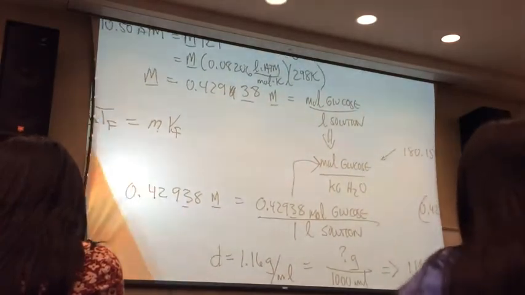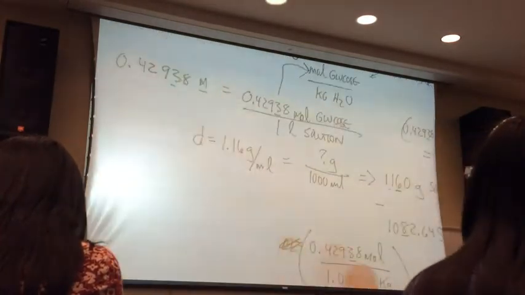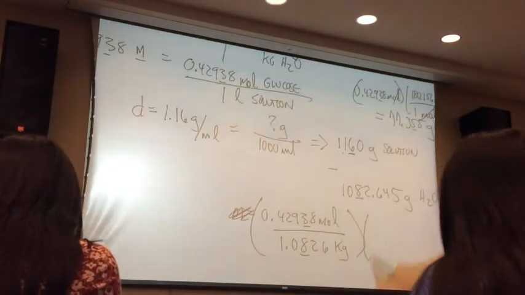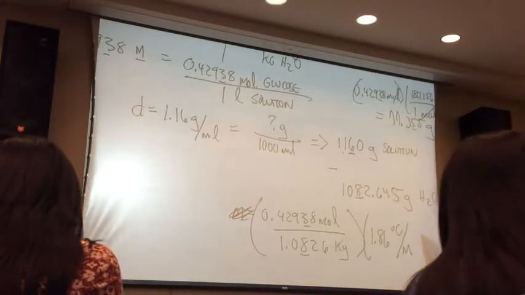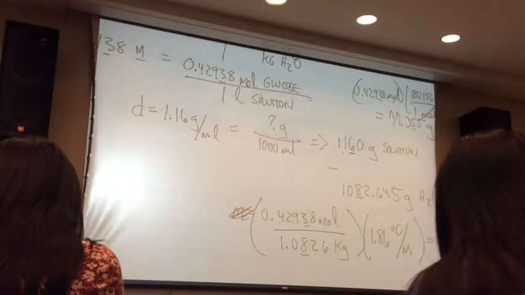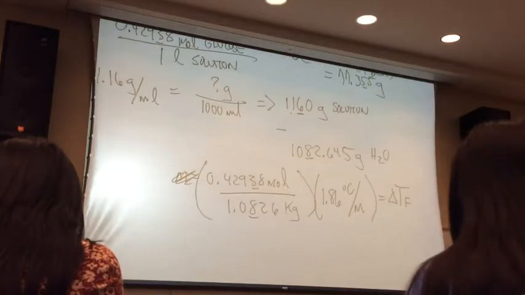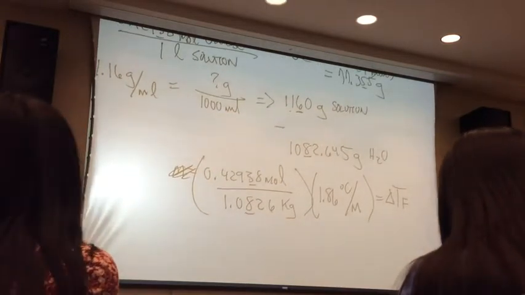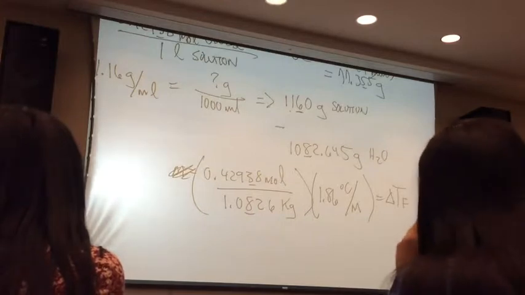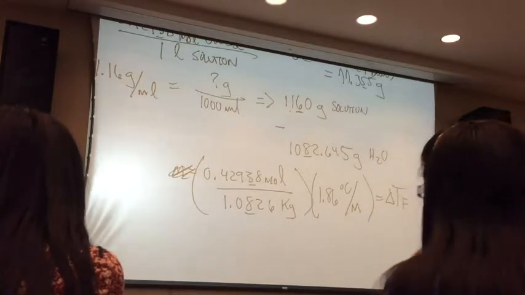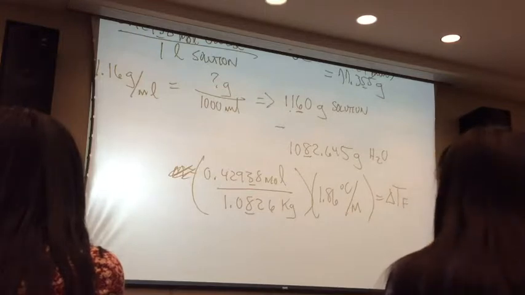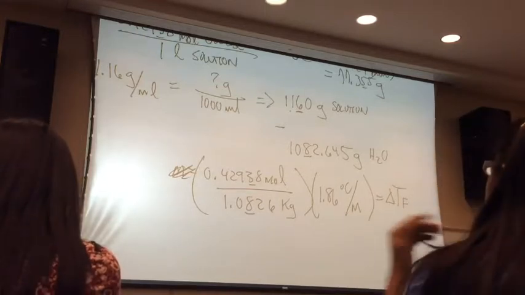So if I take that as my molality, remembering up here I wanted a delta T. So the molality times Kf, Kf for water is 1.86 degrees Celsius per molal. That's going to be the delta T for this solution, right? So I'm going to take 0.42938 divided by 1.0826, right?